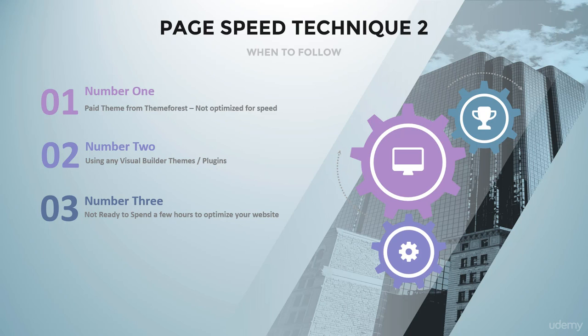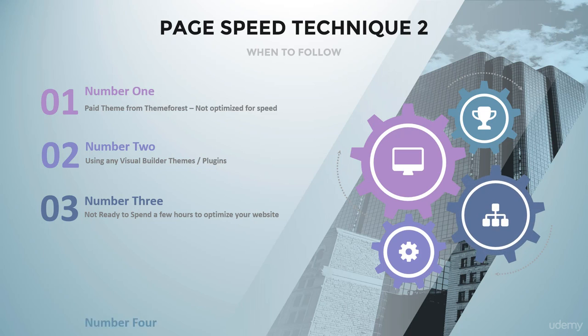This technique gives better or improved page loading time even for heavy websites compared to technique 1, but the downside is the page speed score will be a little less than technique 1. Here comes the disclaimer. You will need to install just one premium plugin, and as said before, this technique is super easy and quick.